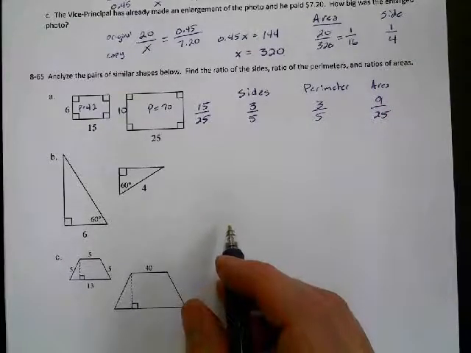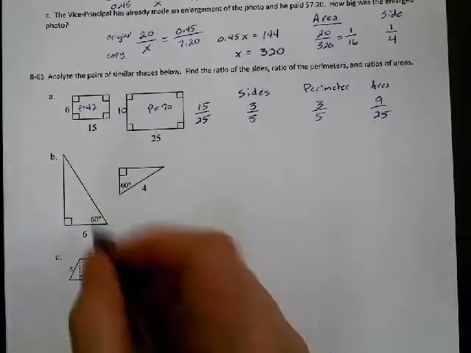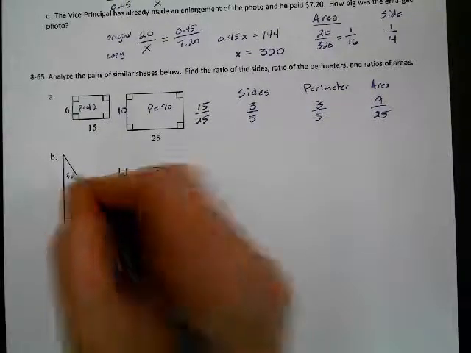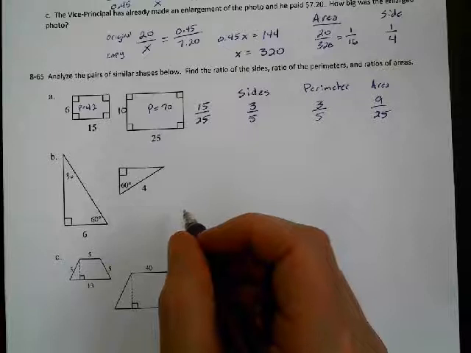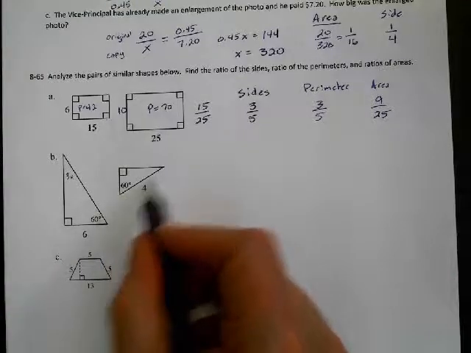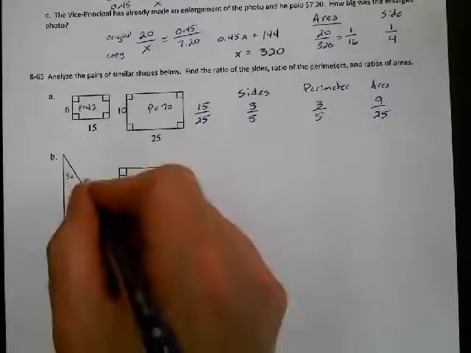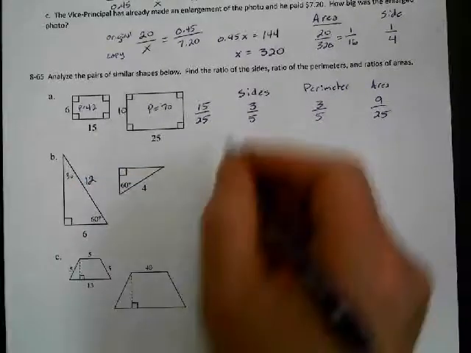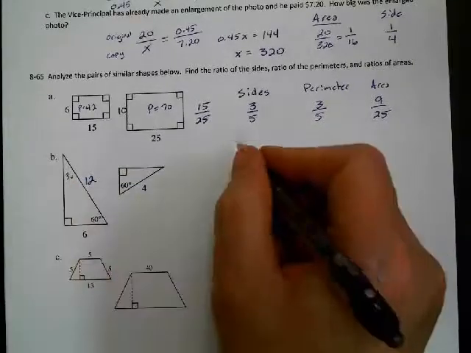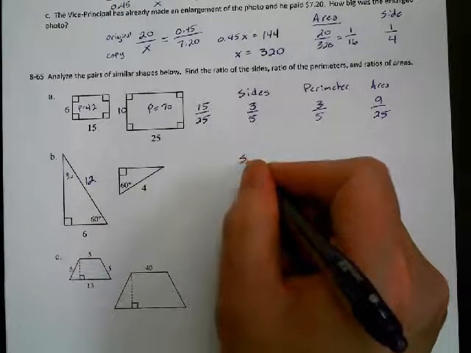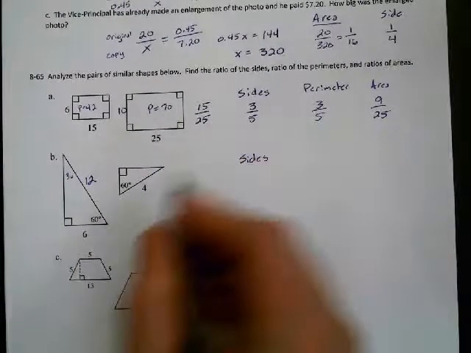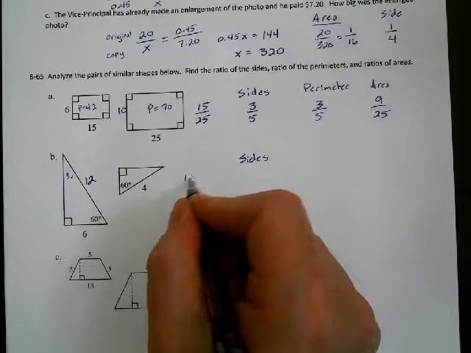All right, next one. This is a 30, 60, 90 triangle. This one has the hypotenuse. So remember, this is a, a root 3, 2a, so this would be 12. So comparing the corresponding sides, I've got 12 on the first one and 4 on the second one.